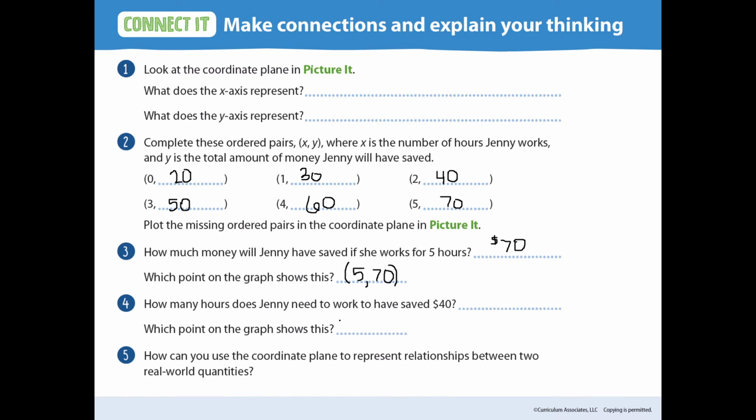Number 4, how many hours does Jenny need to work to save $40? She needs to work for 2 hours. Which point on the graph shows this? The ordered pair for that point is 2, 40.